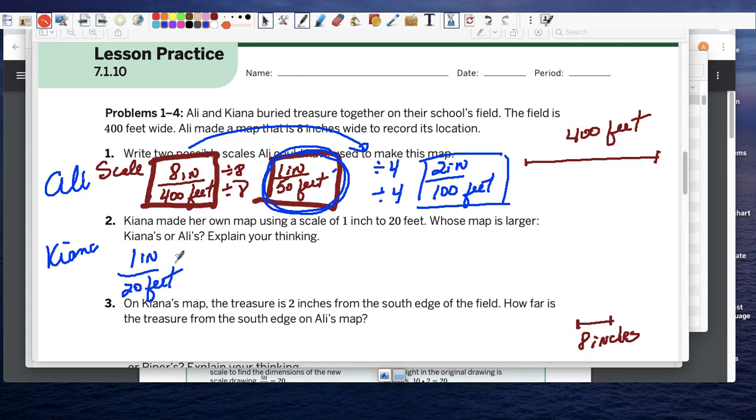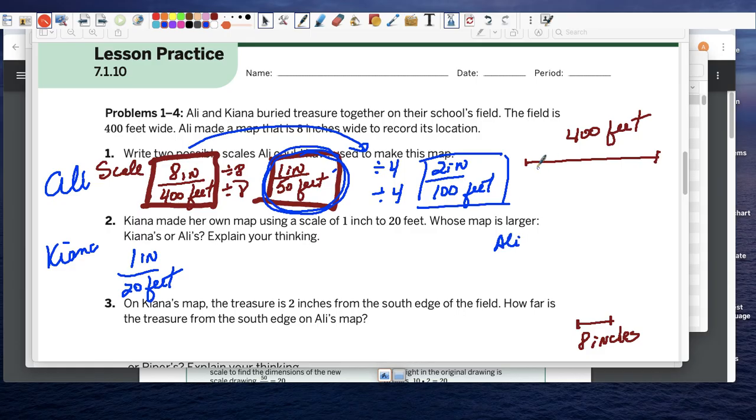So whose drawing is going to be larger, Ali or Kiana? Remember when we talked about this in class when we were comparing. That's 400 feet. Let's do Ali.